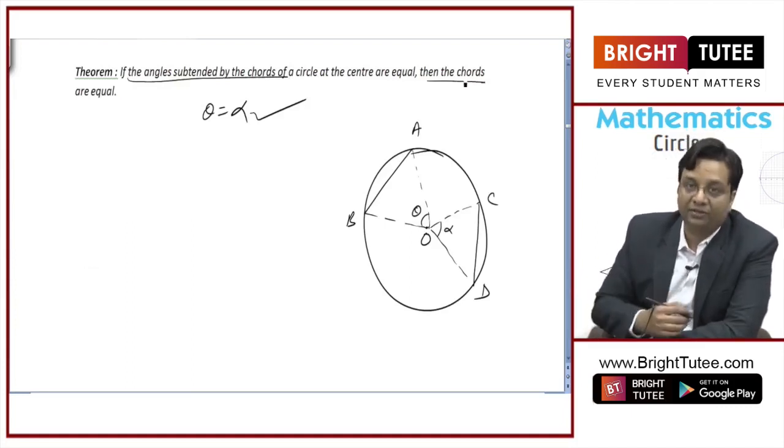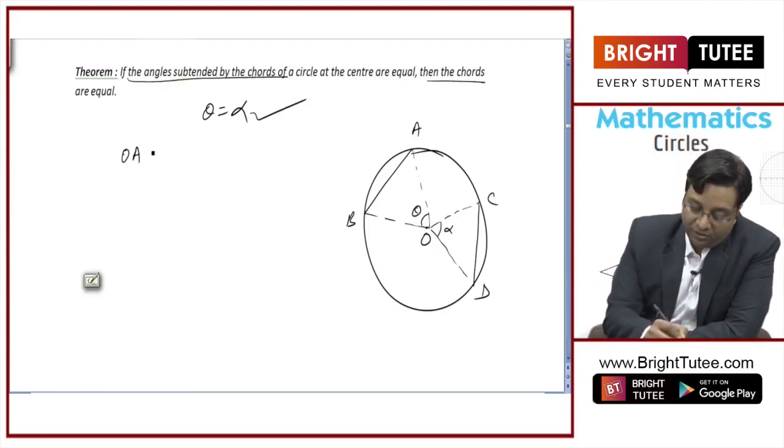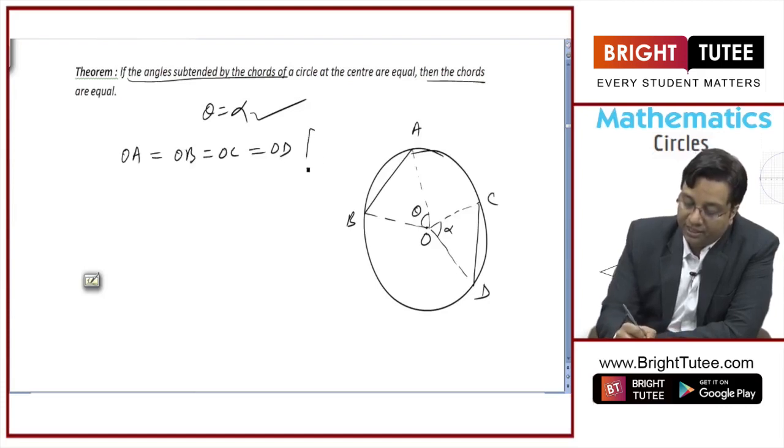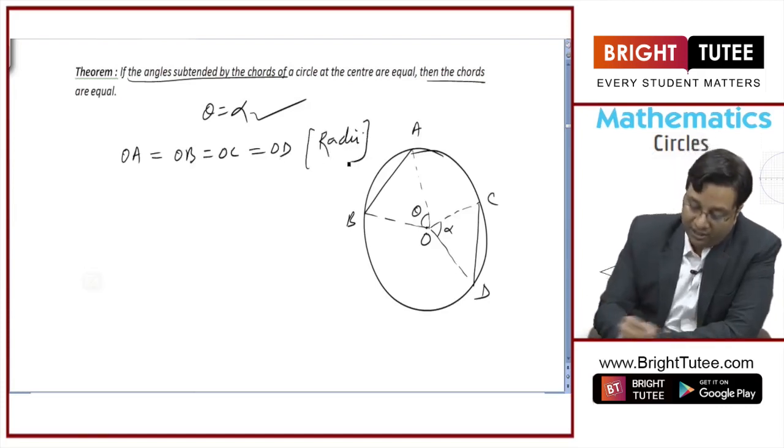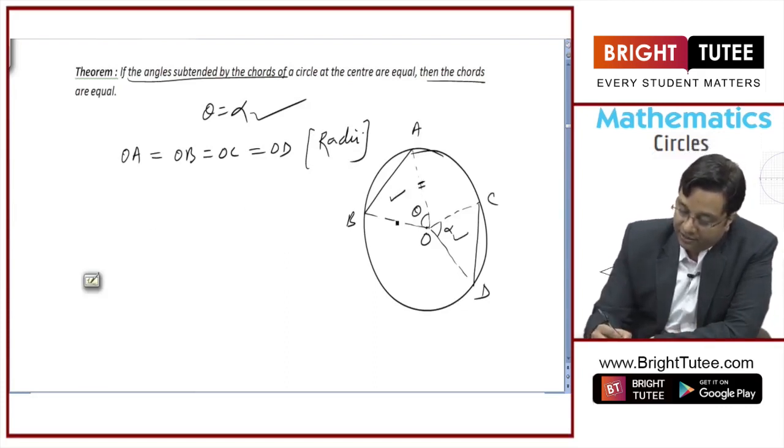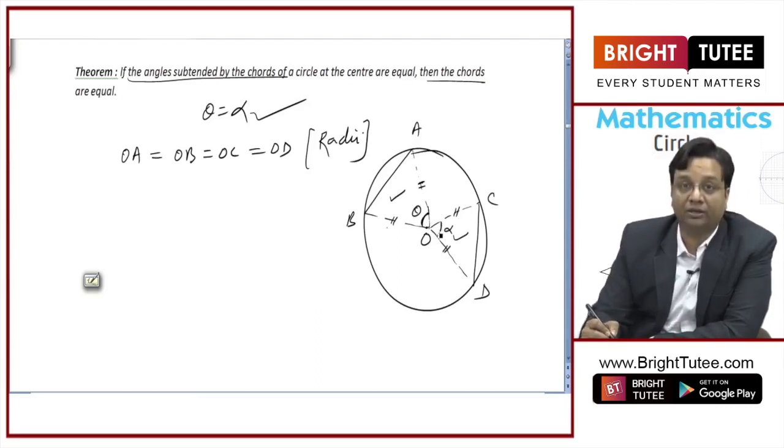We need to see whether these chords are equal or not. It is easy to see, because OA, OB, OC and OD are radii of the same circle, so they are equal. If I consider these two triangles, this segment is equal to this segment, and the angles included between these segments are also equal.